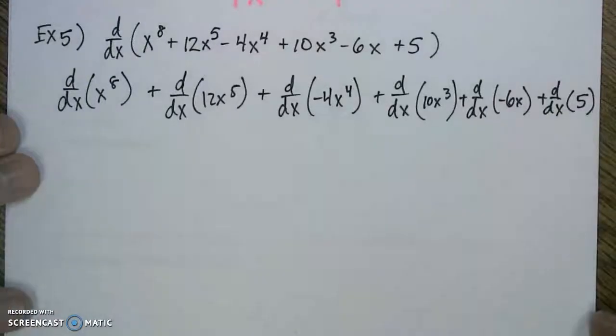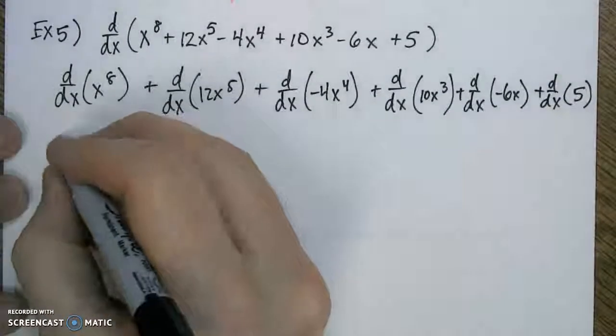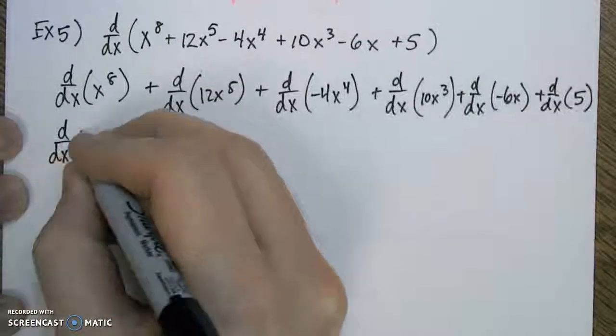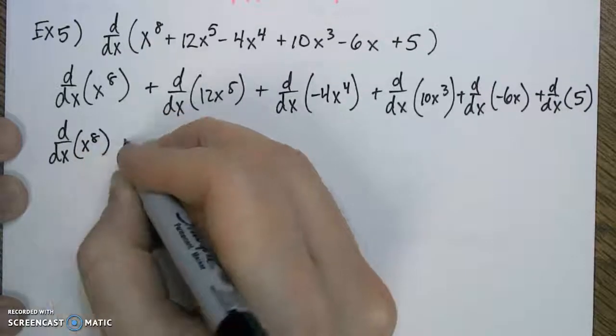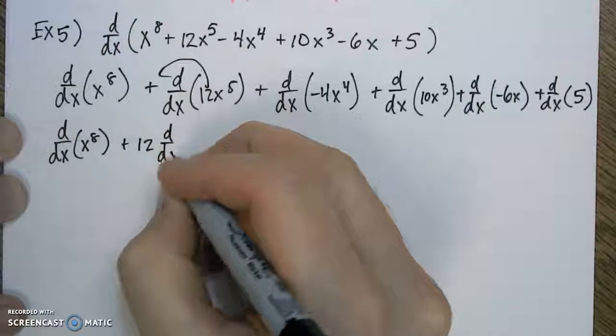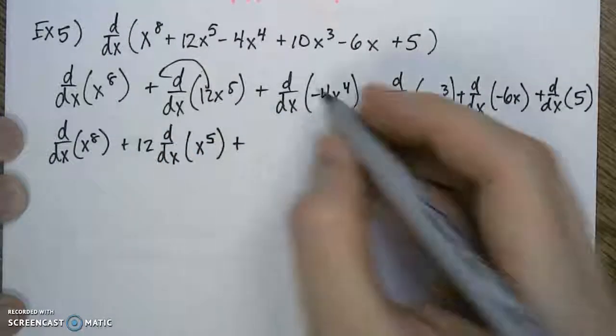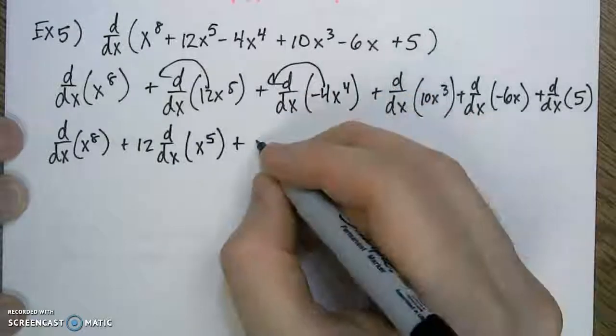Okay, then we can go through and move constants in front. So this 12 can move in front. And this is just me showing you how the properties work on that slide that we talked about.